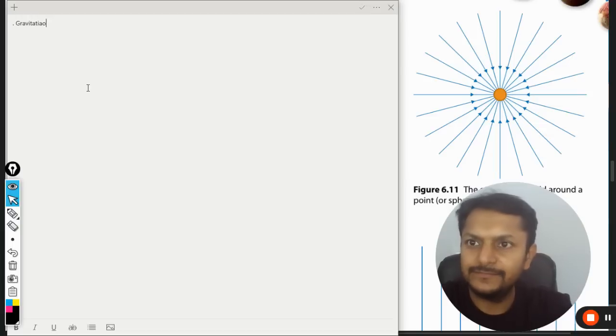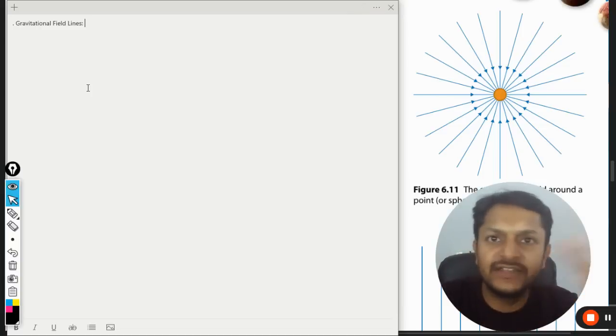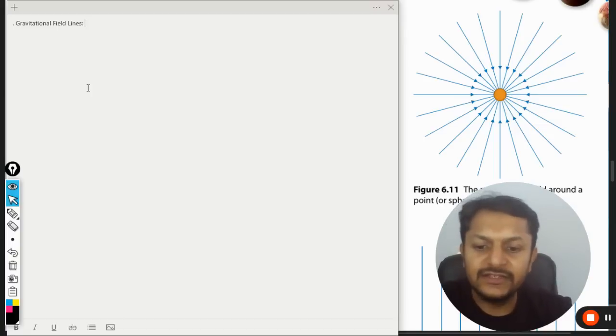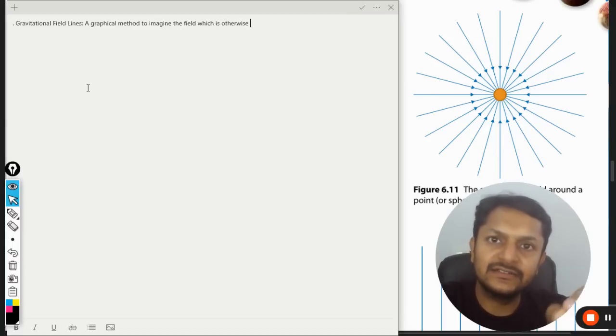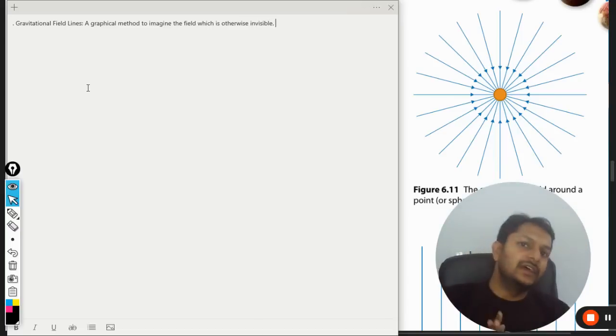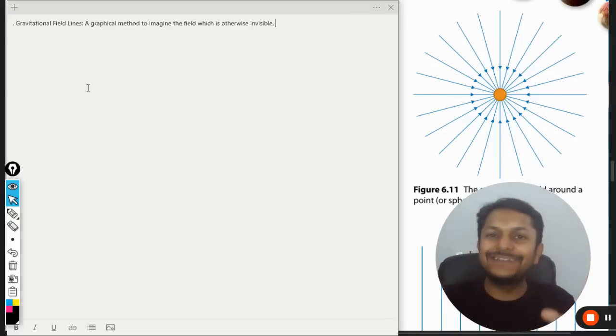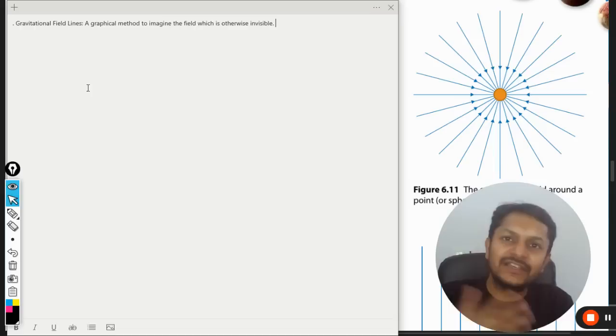Gravitational field lines, or for that sake any field line, whether it is electrostatic or magnetic, is a graphical method to imagine the field which is otherwise invisible. Getting my point? Now, this is a definition given by me totally, so don't write it in any examination. This is the graphical method to imagine the field which is otherwise invisible.